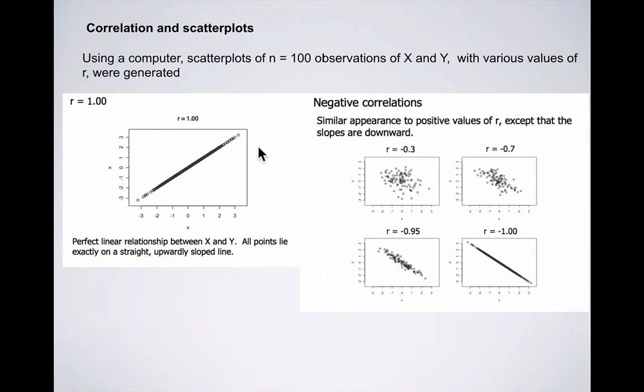Negative correlations, the same sort of similar idea based on the magnitude. So if we just consider the absolute value of the correlation coefficient, these are very similar. So here is a correlation coefficient of -0.3, -0.7, -0.95, and -1, where in this case, all the points lie on a straight downwardly sloped line.